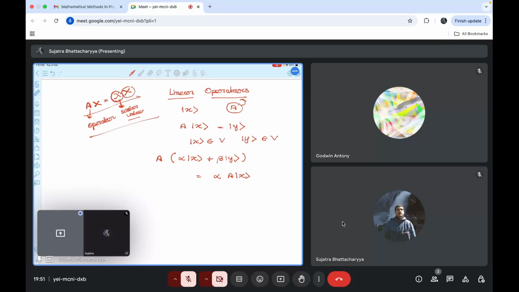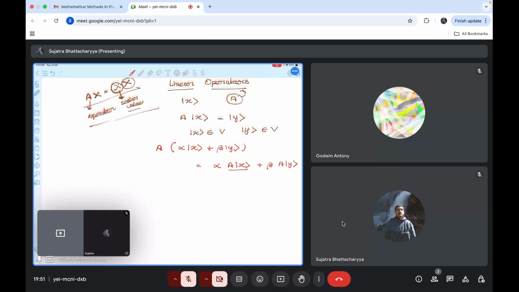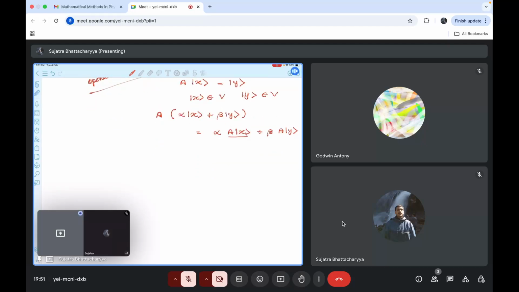The scalar will come out. We will not write A multiplied by x, but we will say that this linear operator is operated on the vector x or on the vector y. Okay, so this is the thing of the linear operator.